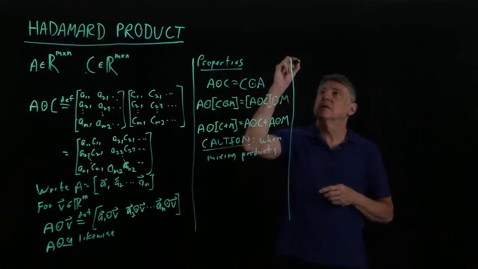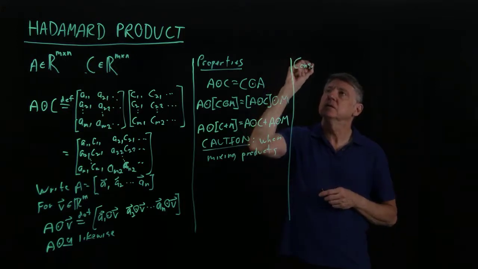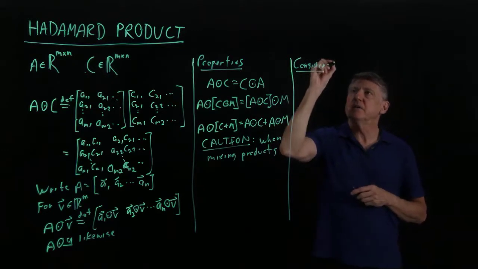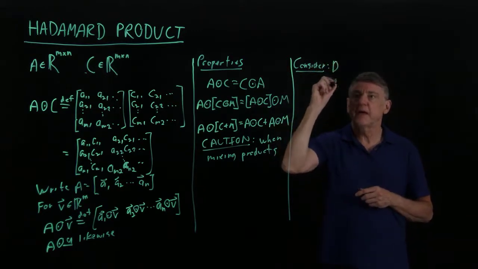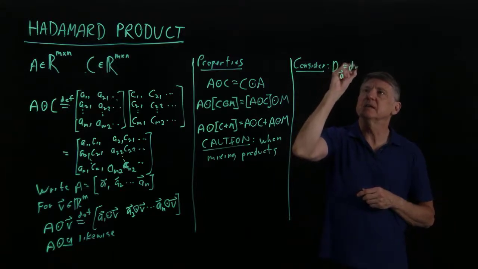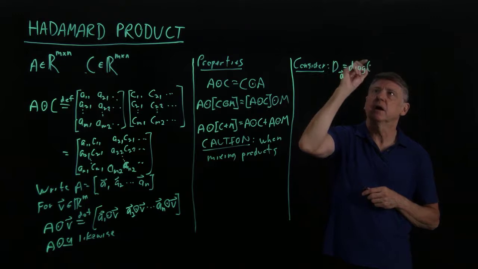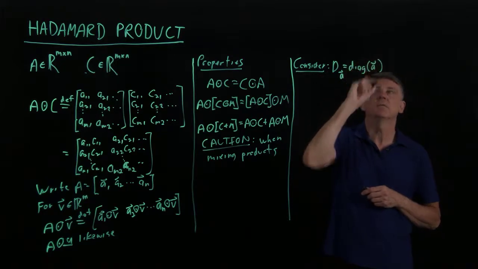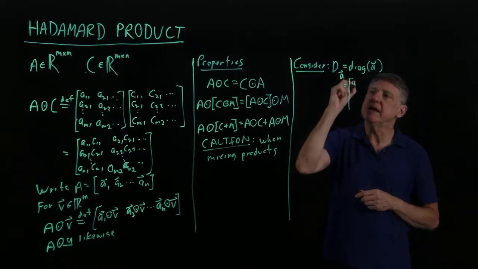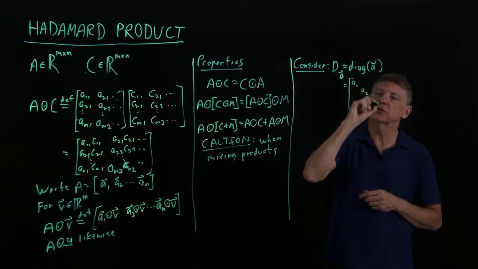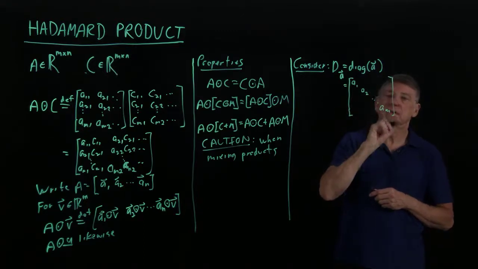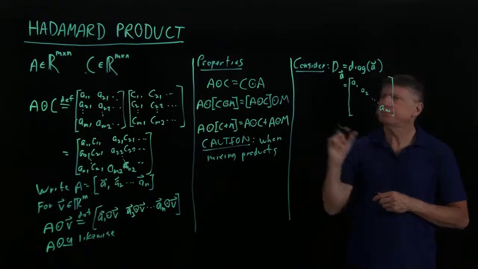So let's consider a diagonal matrix produced from a vector, which is the diag operator of the vector, and what that will look like is A1, A2, and so on to AM, and that'll be the diagonal matrix.